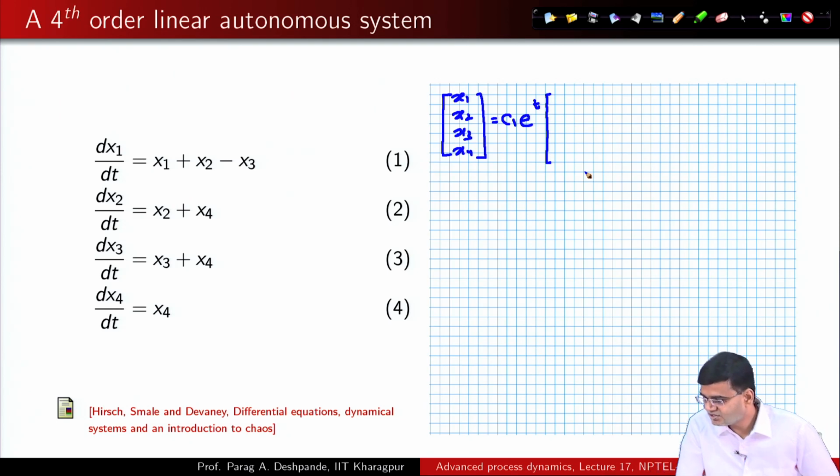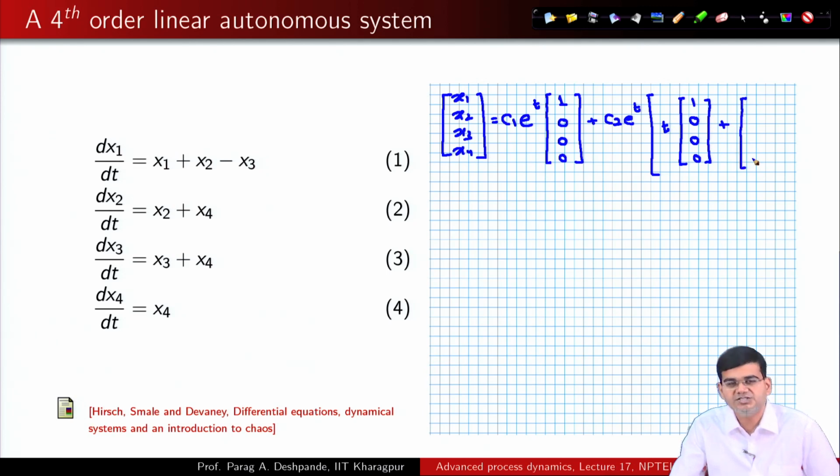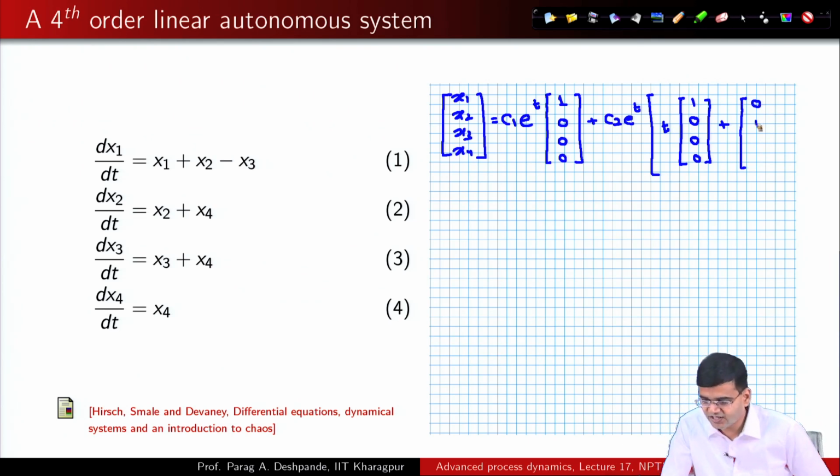That eigenvector was 1 0 0 0, plus C2 e to the power t multiplied by t times the first eigenvector, which means 1 0 0 0, plus the first generalized eigenvector, and the first generalized eigenvector that I had was 0 1 1 0.